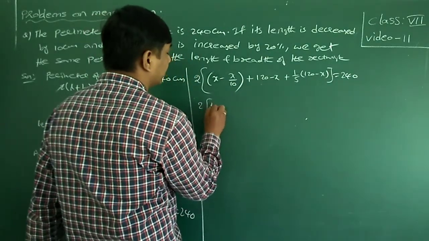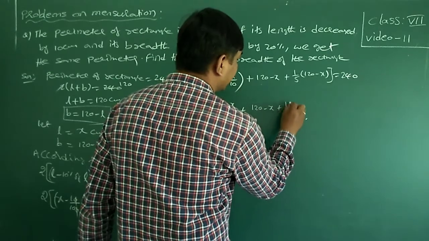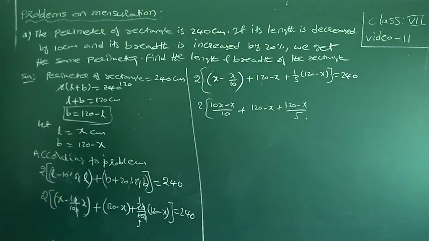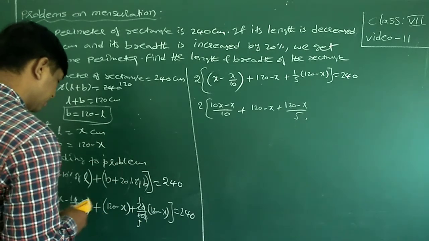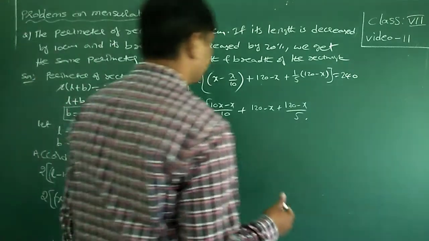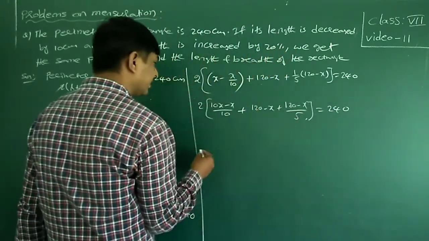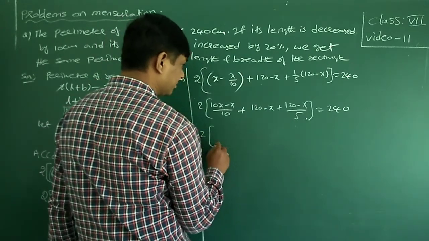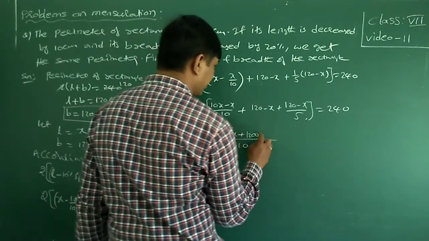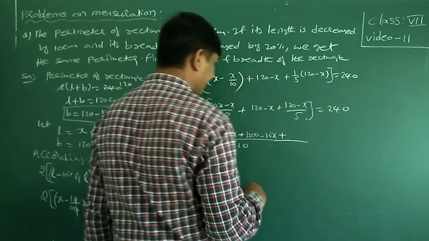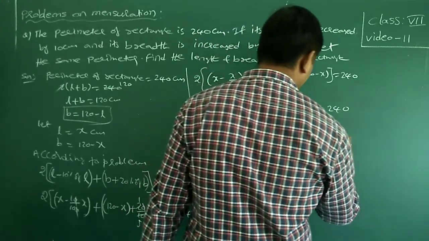Now take the LCM again. 2 into (10x minus x by 10 plus 1200 minus 10x by 10 plus 240 minus 2x by 5) is equal to 240.